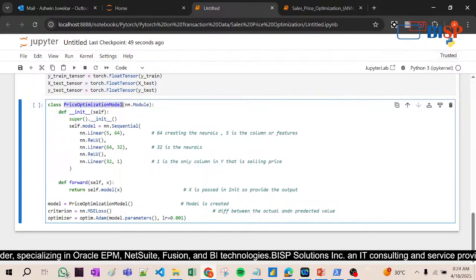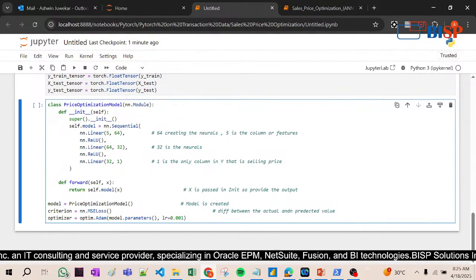Here is PriceOptimizationModel, right? So this is created. Now what is the use of it, that we will come to know. criterion equal to nn.MSELoss, means mean square error loss, the difference between the actual and the predicted value. Then optimizer equal to optim.Adam, model.parameters.